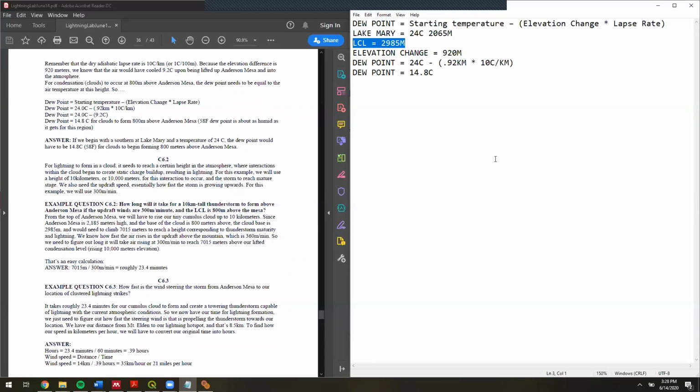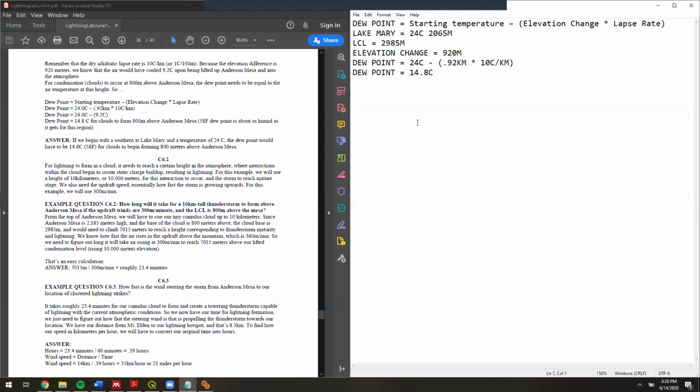The reason the cloud needs to get tall enough is because there needs to be enough collision within the updrafts and downdrafts of the storm between water and ice particles to build up enough static charge for lightning to occur. It needs to reach the mature stage of the thunderstorm. If it was smaller than that, we might not have enough capability for the storm to create enough static electricity within it to create lightning. So we're going to say 10 kilometers tall.